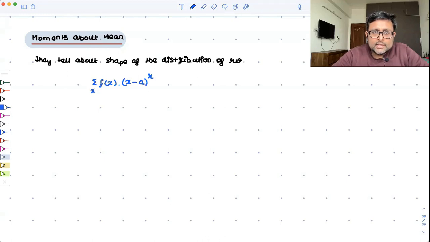The only thing is that now instead of a, you have x bar, like this.